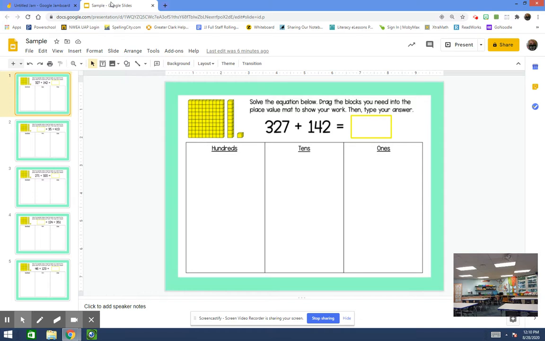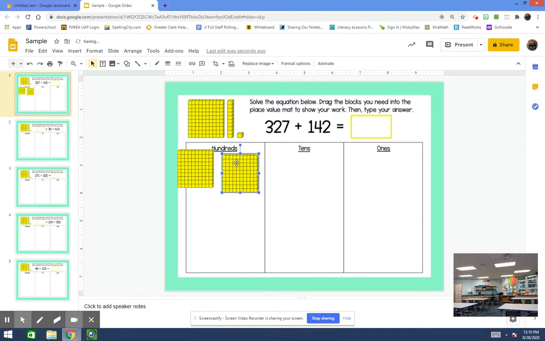We have to think about the place value of each of these digits. The first one is 327. And when I look at that number, I know there are 3 hundreds. So I'm going to drag 3 hundreds down here on my mat to under hundreds.